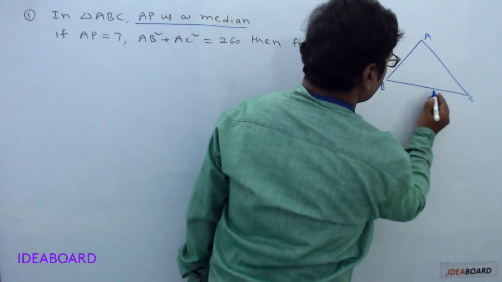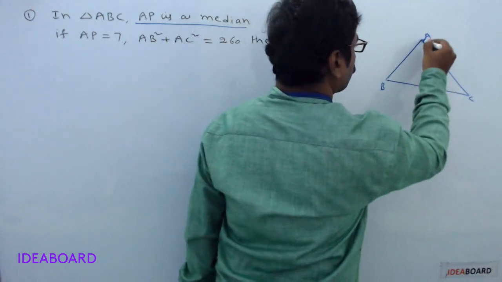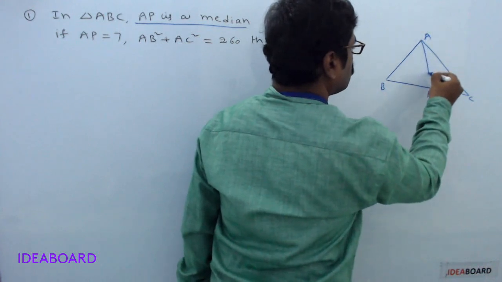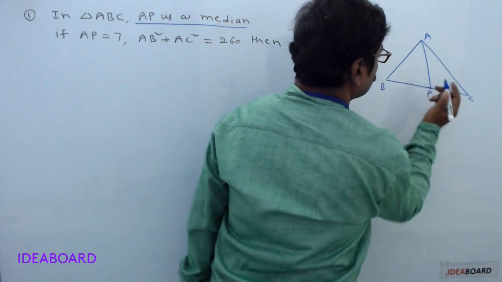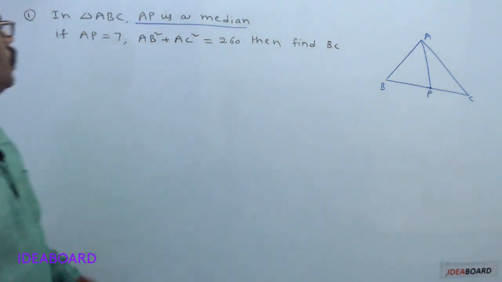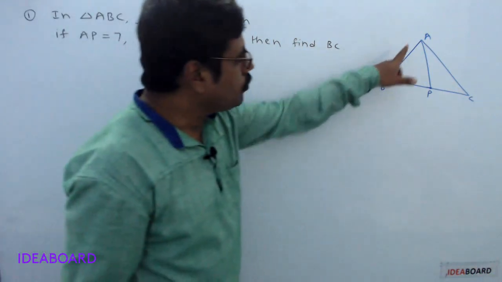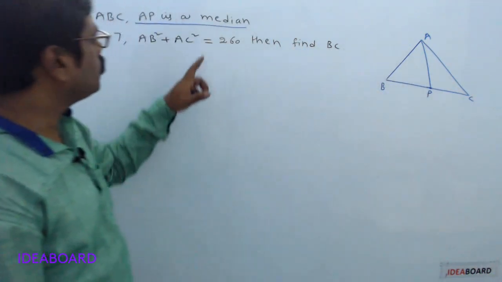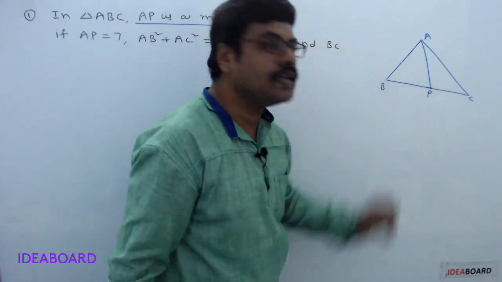Means suppose P is the midpoint of BC. This AP is the median. AP length is given as 7. AB square plus AC square equals 260. Then find the length of BC.